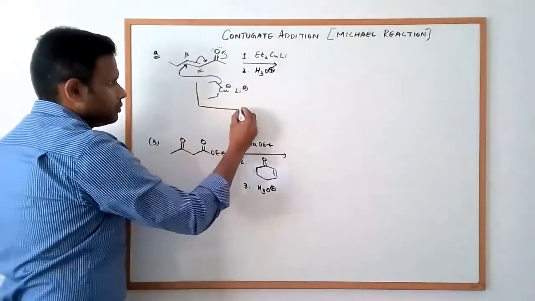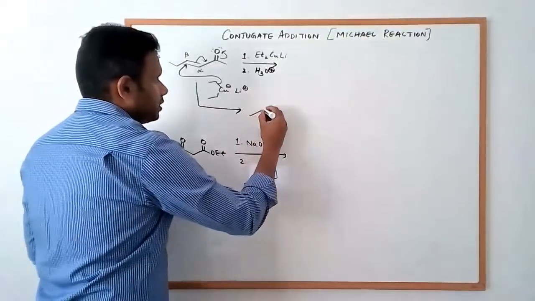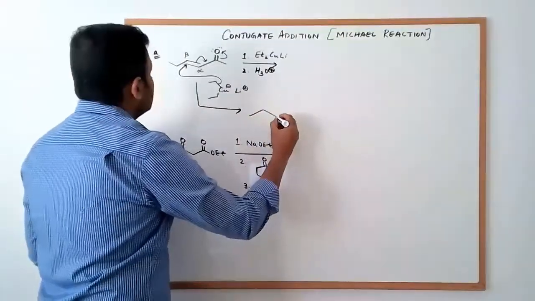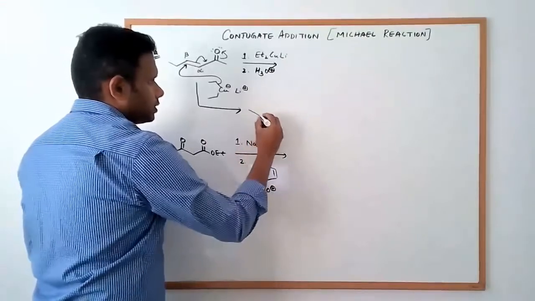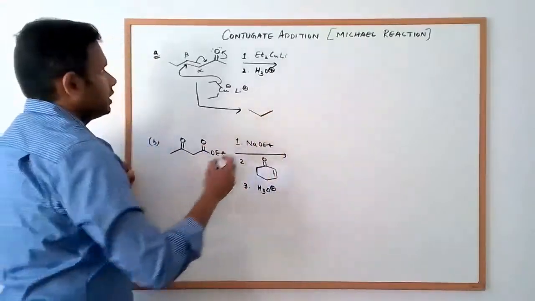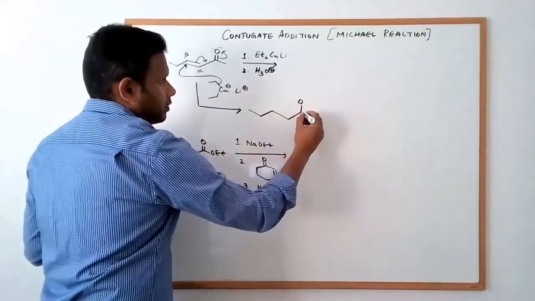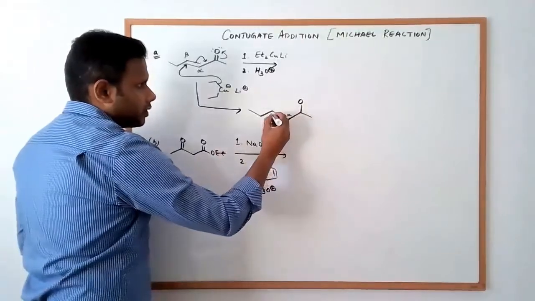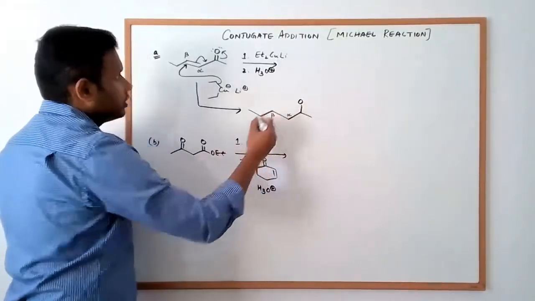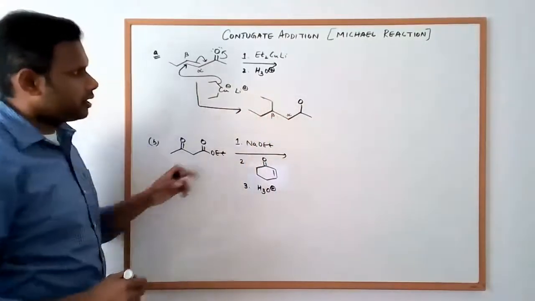And the intermediate that we are going to get here, let's try to draw it exactly the same way. So we have that alpha and then O and methyl. This is the alpha carbon. This is the beta carbon. On the beta carbon, we would have another ethyl group now.